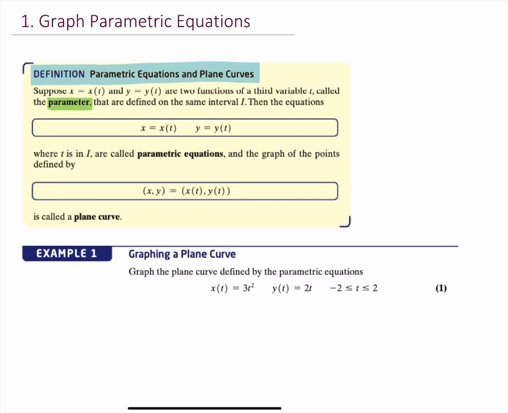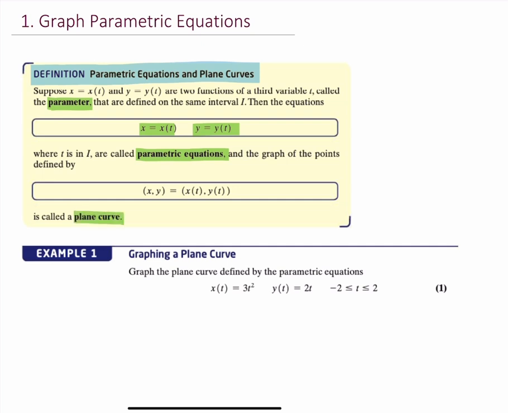So that we define these equations as x equals x of t, y equals y of t, where t is in some interval. So we call these parametric equations. And the whole graph that is mapped out as we plot all of the points will be what we'll call a plane curve.